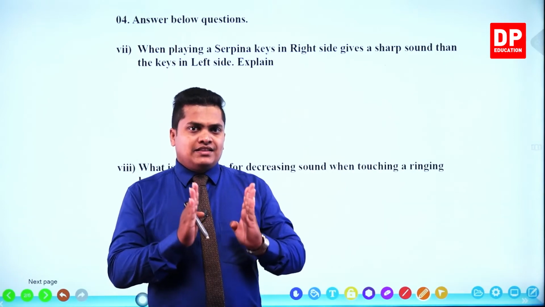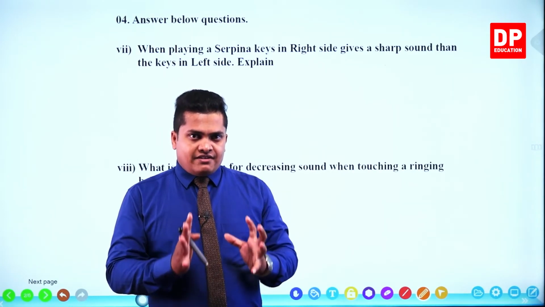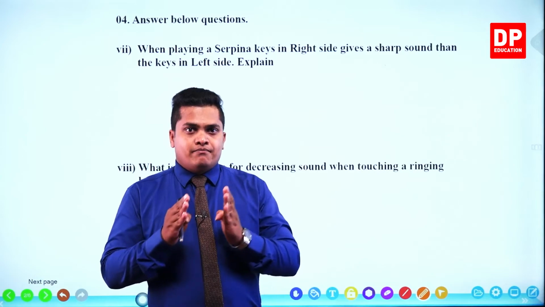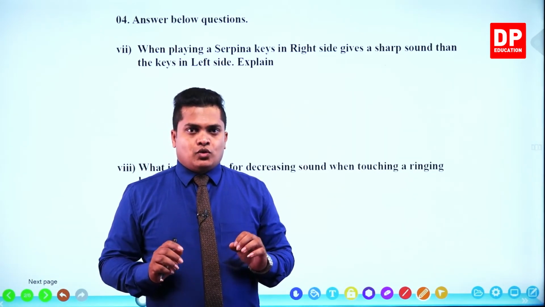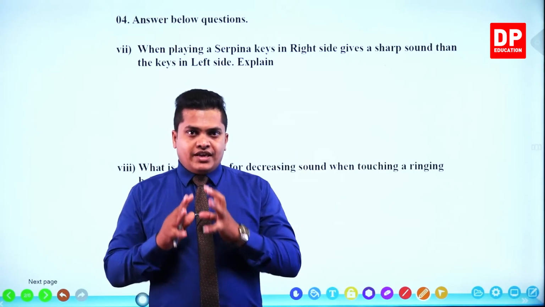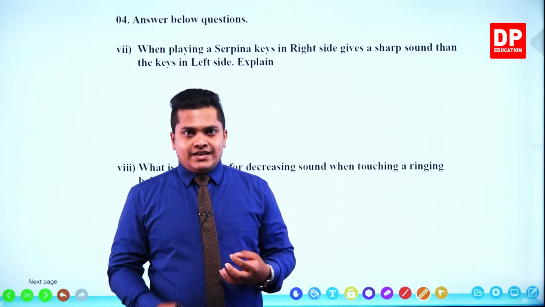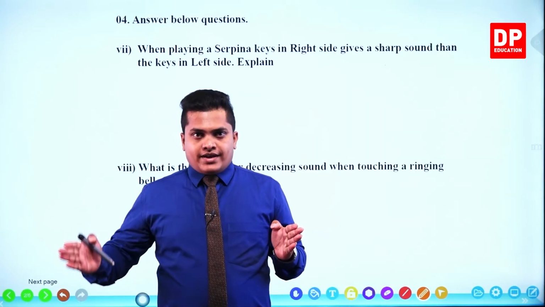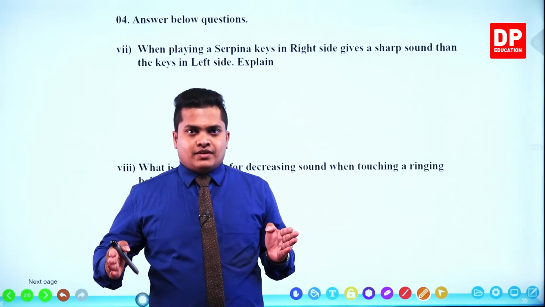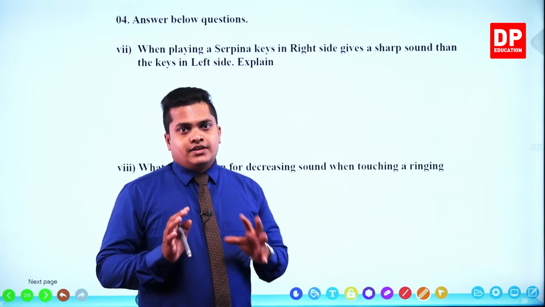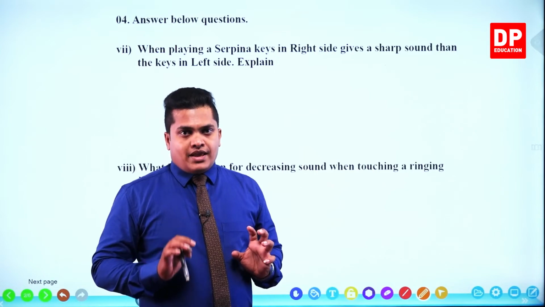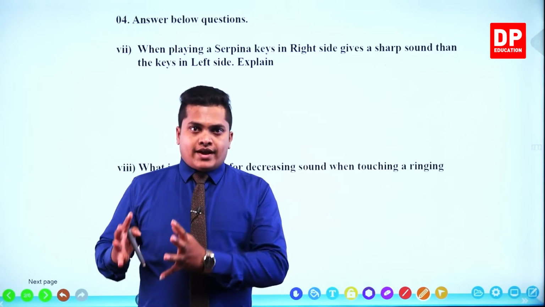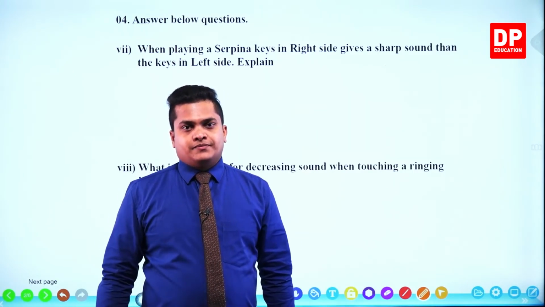We can divide the musical notes into three categories: major C, minor C and middle C. When moving from left to right, the frequency of the musical notes increases. The left hand side is minor C, the right hand side is major C. So the reason is that when playing the serpina, the left hand keys have less frequency, but the right hand keys have more frequency.